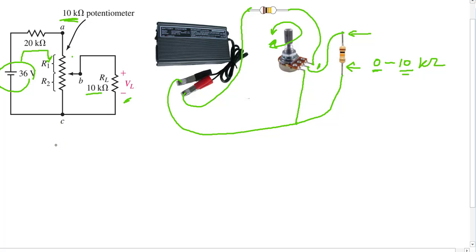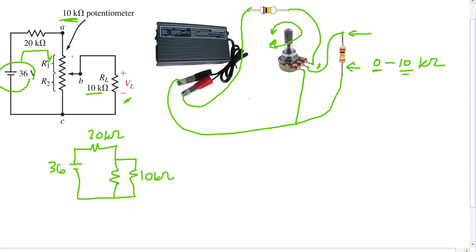So we have this 36 volts source, 20 kilo ohms. Now assume we have a maximum of the potentiometer. So there is 10 kilo ohms, 10 kilo ohms, and here is the thing. If this is 20 kilo ohms, this is 10 kilo ohms, this is 10 kilo ohms. The handle was rotated to get a maximum.